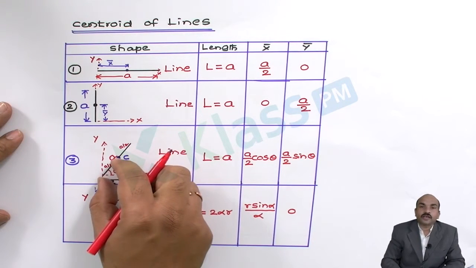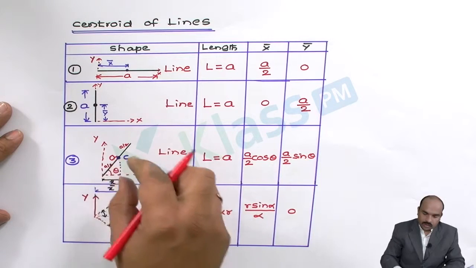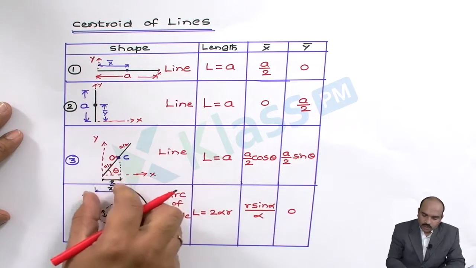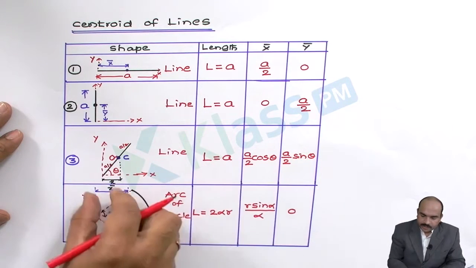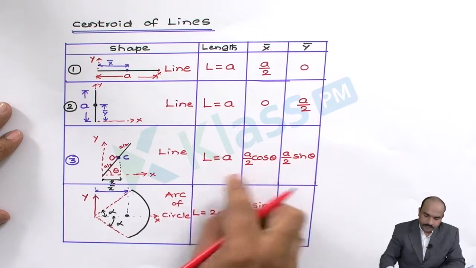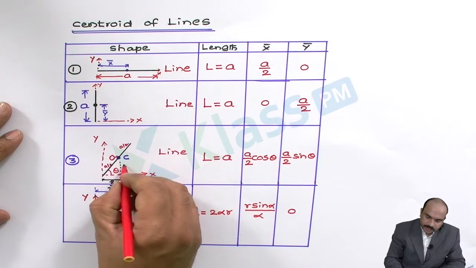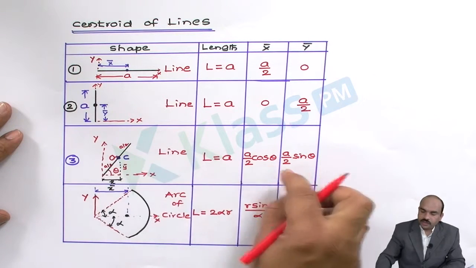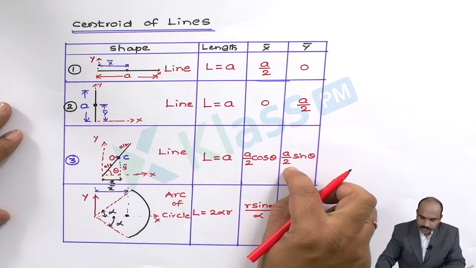Now this x bar is exactly equal to a by 2 cos theta, and this length y bar is exactly equal to a by 2 sin theta.